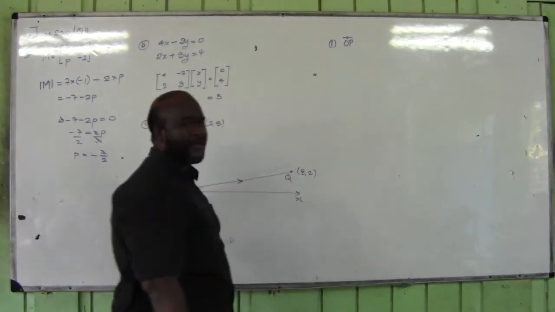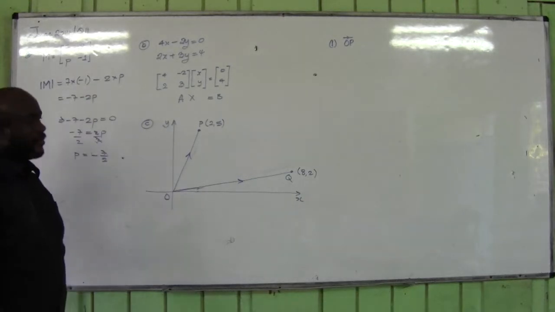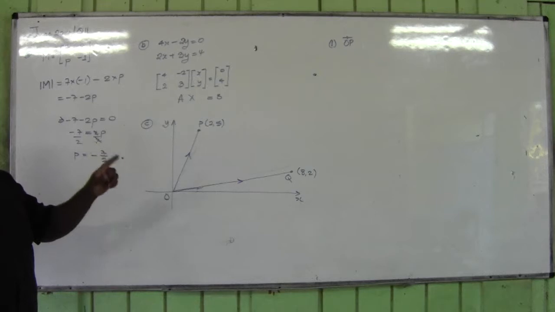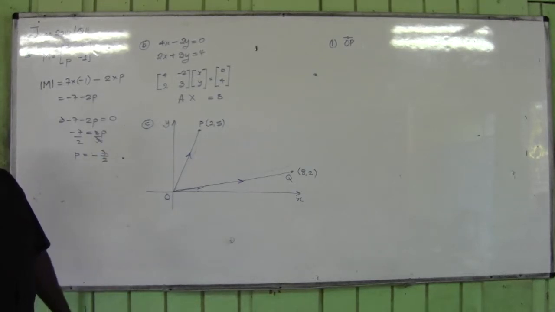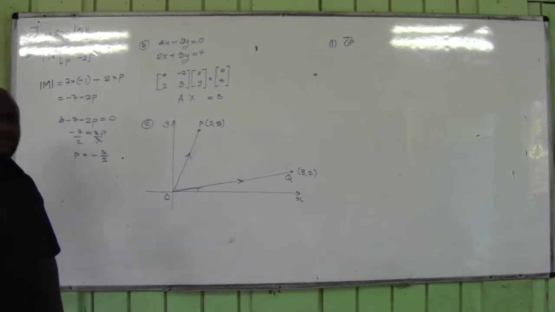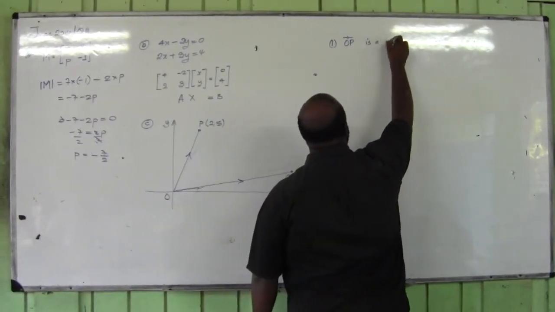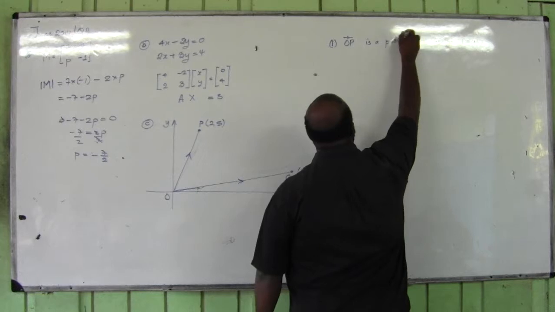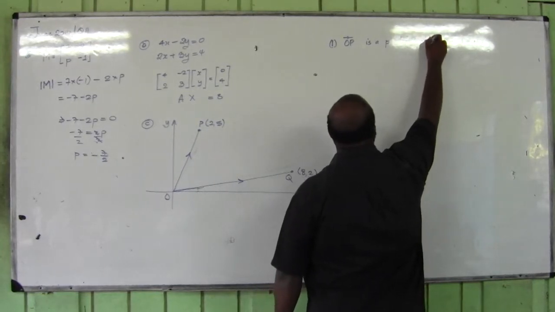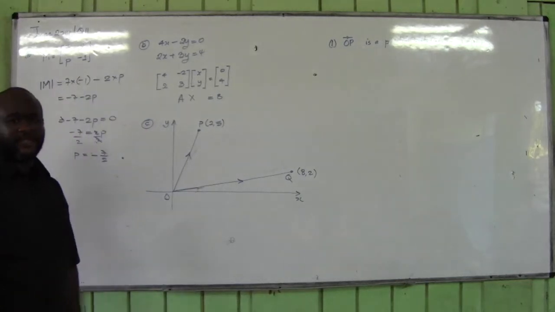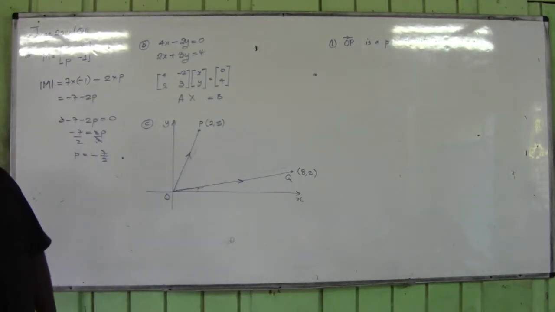What term is used to describe that? I said it already. OP is a position vector. Yes, the term that is used to describe it is a position vector. You all should know that.